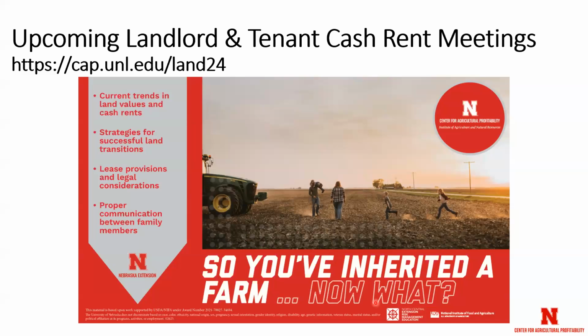Okay, got another question that came in. As a landlord, I provide AgSense for the center pivot. How do you consider that as part of the cash rent? I'm not exactly sure what AgSense is for the pivot.